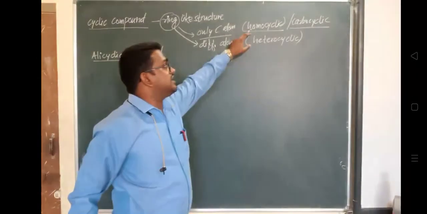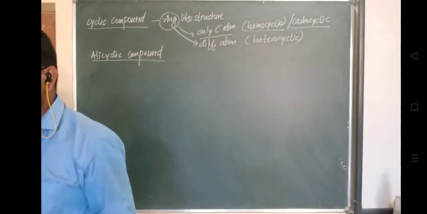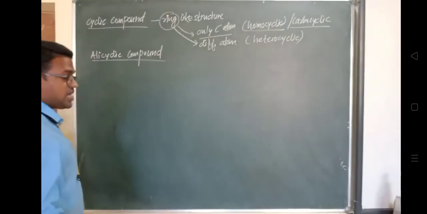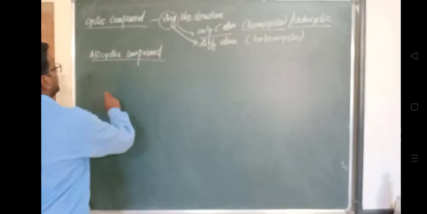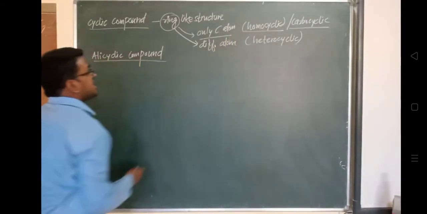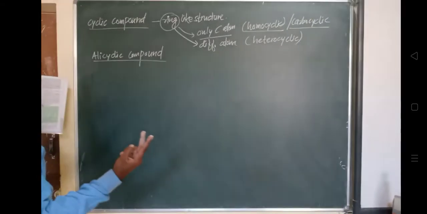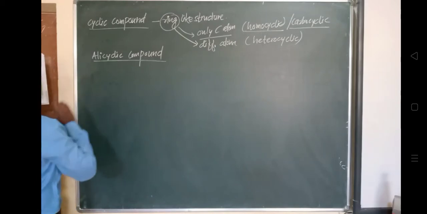Homocyclic has two classifications. One is alicyclic and another one is aromatic. You can refer to the chart which we have drawn just now. So homocyclic is categorized into two: one is alicyclic and the second one is aromatic. Now we'll see what alicyclic is.